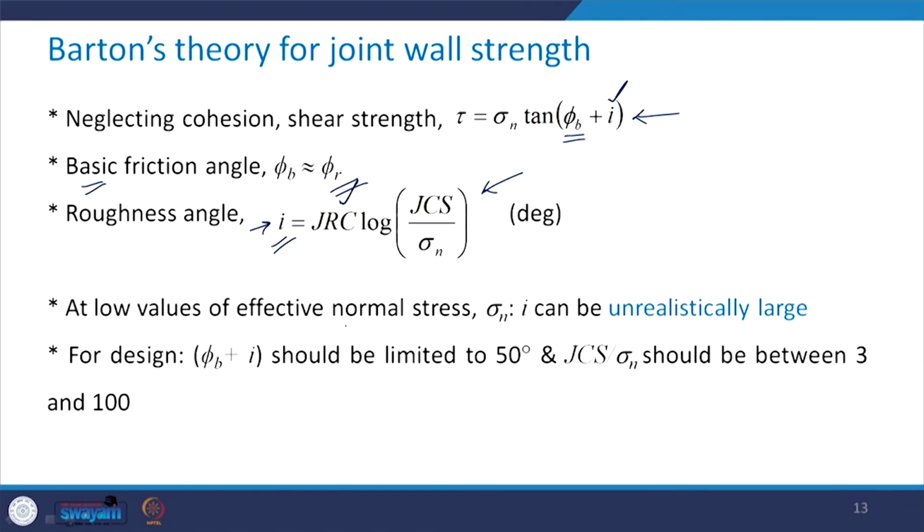At low values of effective normal stress sigma n, this i can be unrealistically large. So, for design purposes, this quantity, that is phi b plus i, should be limited to 50 degrees, and JCS upon sigma n should be between 3 and 100.